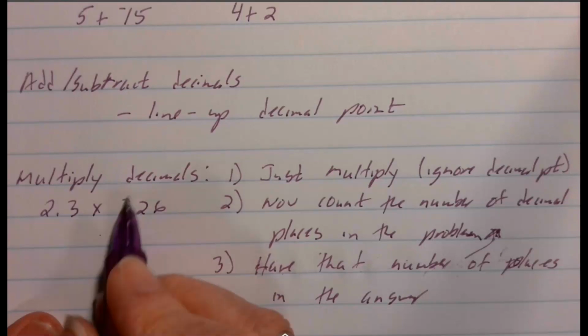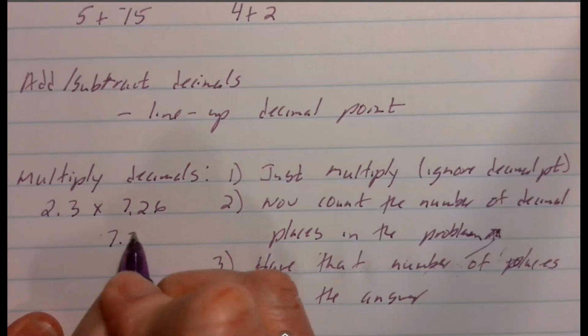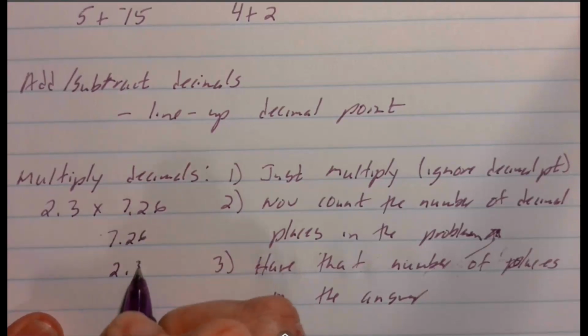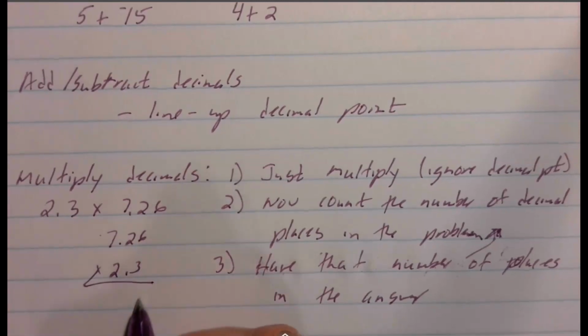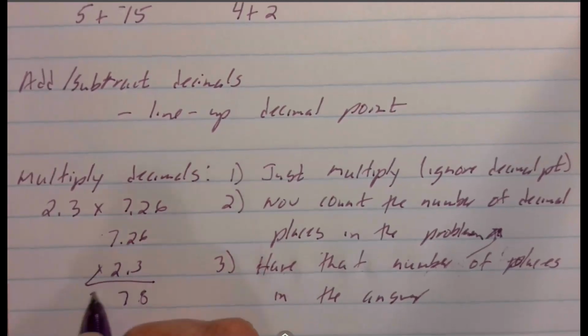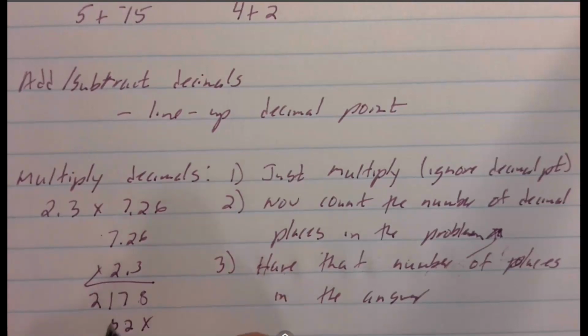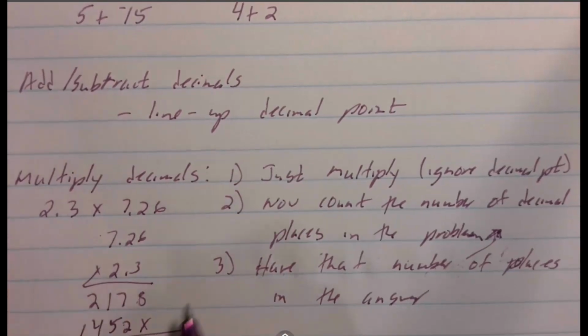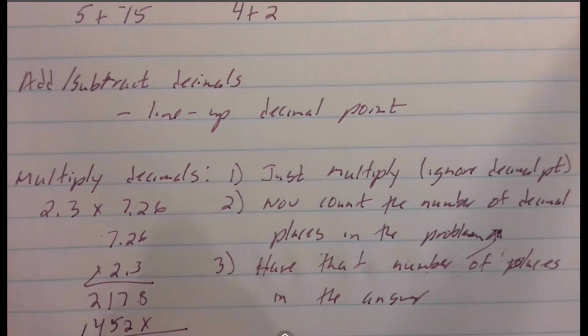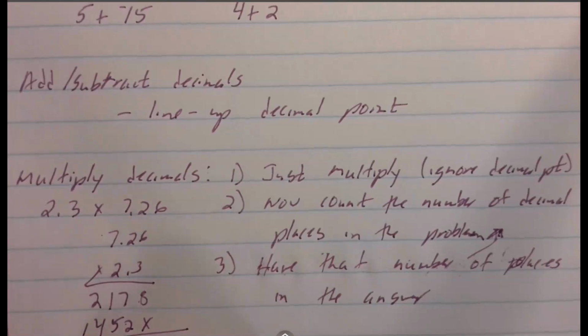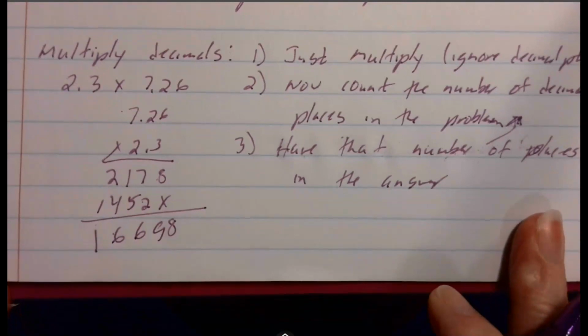Now, whatever has the most digits, I like to put that up at top, but it doesn't matter. Hopefully I do it right. I'm going to add. And if I'm going too fast, then just pause your video.